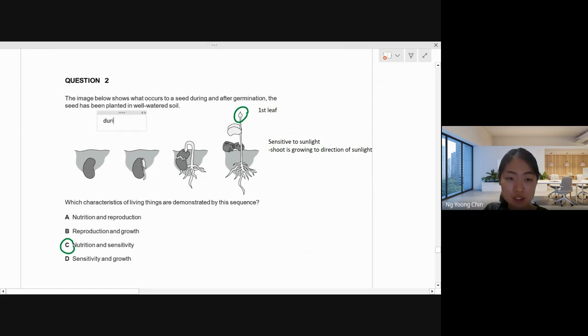During the seed germination, before the seed produces its first leaf, the seed actually undergoes aerobic respiration.